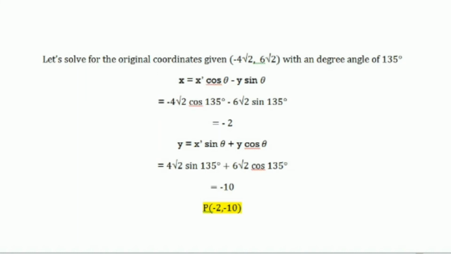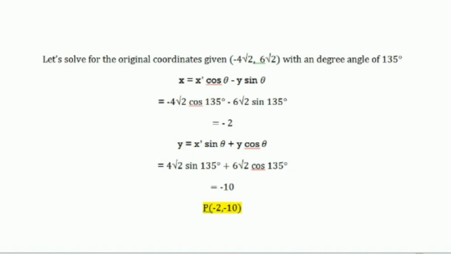Using the formula, x is equal to x prime cosine theta minus y prime sine theta. By substitution, negative 4 square root of 2 cosine 135 minus 6 square root of 2 sine 135. Our answer will be negative 2. Then for the y, x prime sine theta plus y prime cosine theta.